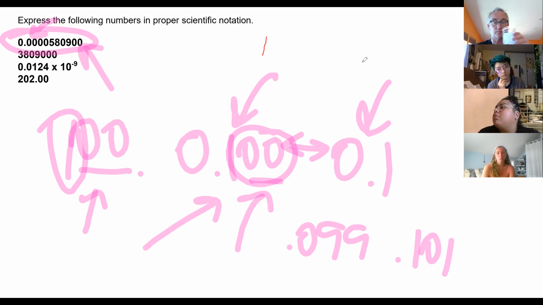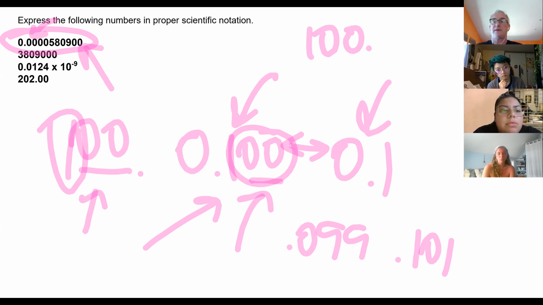So if the number is, let me write this, 100 dot. Yes, 100 with a dot behind it. Does that mean it's 3 sig figs? That's right. This is something you're not going to see very often, but you will see in chemistry class.